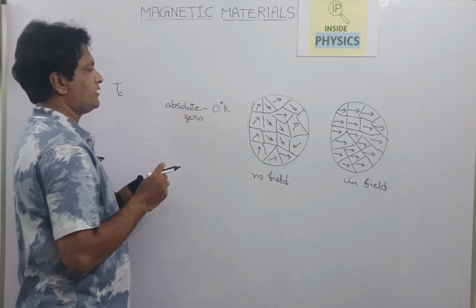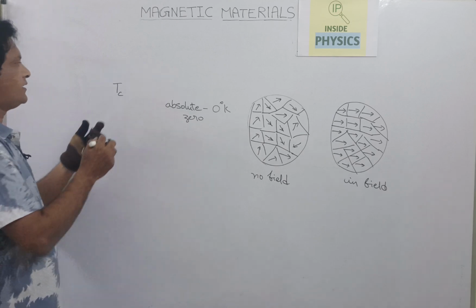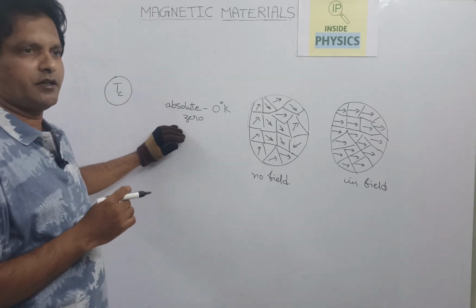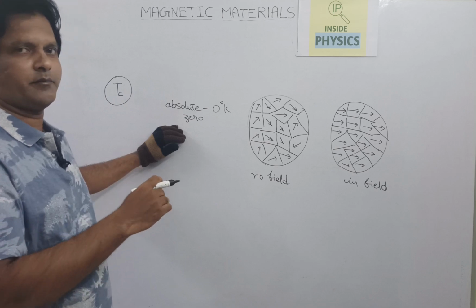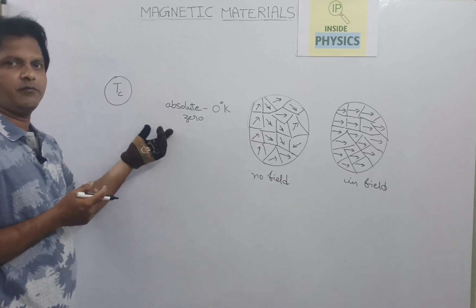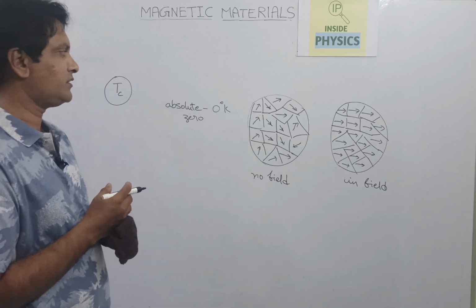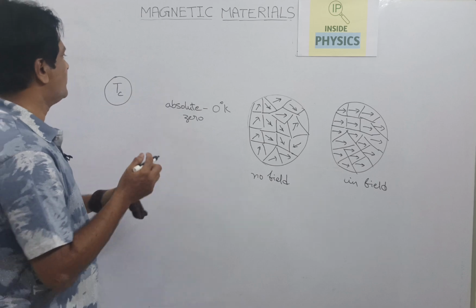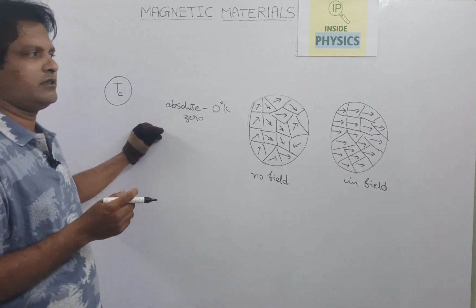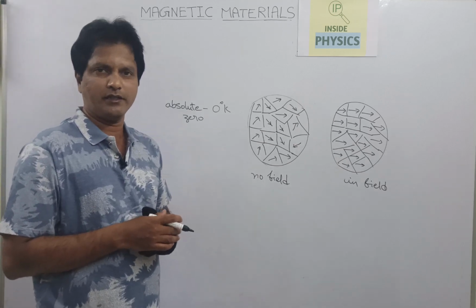From this temperature, if you keep on increasing the temperature up to the Curie temperature Tc, the magnetization will come down as the temperature increases, and once it reaches the Curie temperature, it will cease. After the Curie temperature, what happens? The ferromagnetic material will turn into a paramagnetic material.